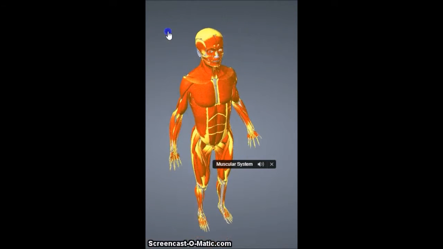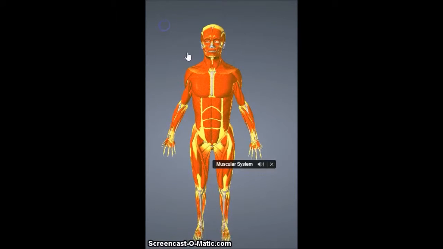Then we go to the muscles of the face. Looking straight on, two round muscles: orbicularis oculi, the orbit of the eye, and orbicularis oris, the round muscle that makes up the lips. That's also called the kissing muscle, because you can purse your lips.